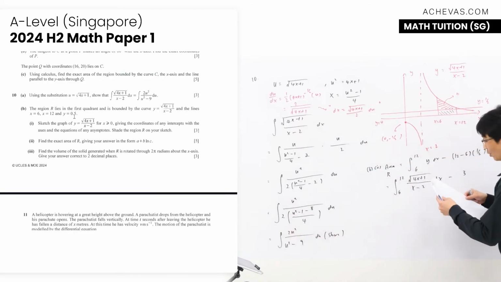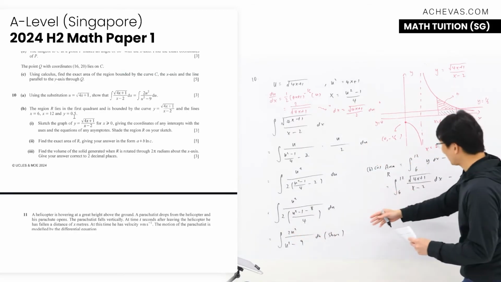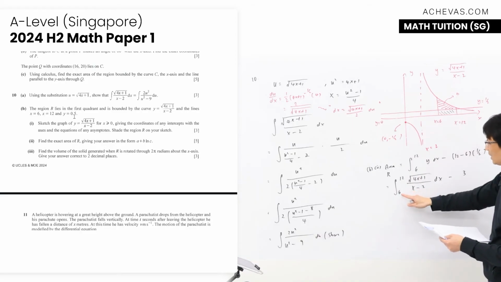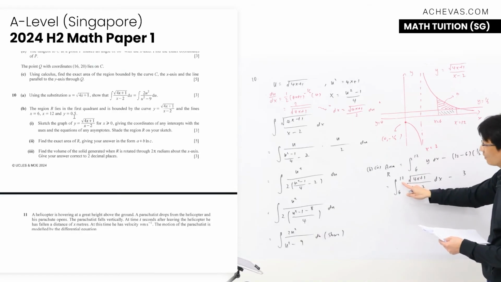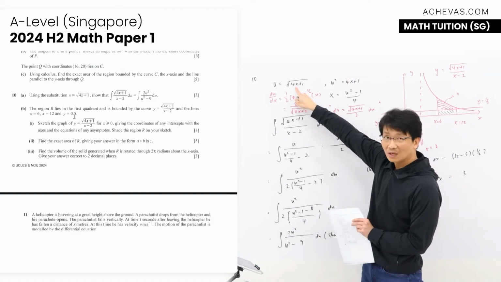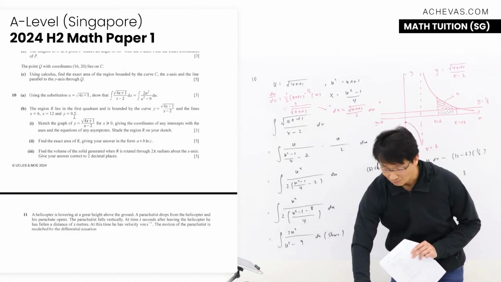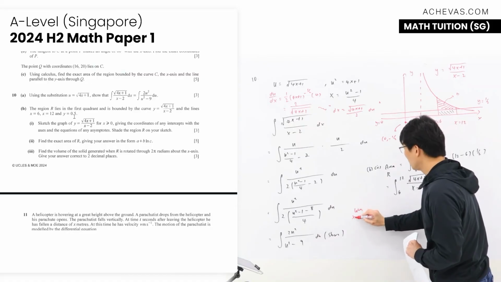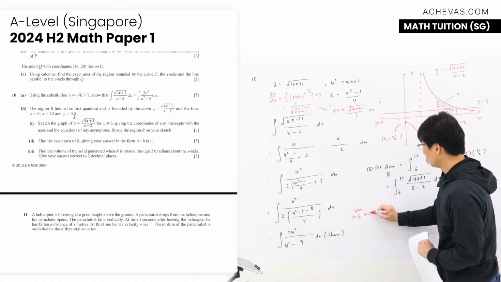I'm going to make use of my previous part, but we have to take note of the limits because this limit is x equal to 6, x equal to 12. I'm going to sub x equal to 6 into here. I can see immediately will just be u equal to 5. Alright, when x equal to 6, u will be equal to 5.